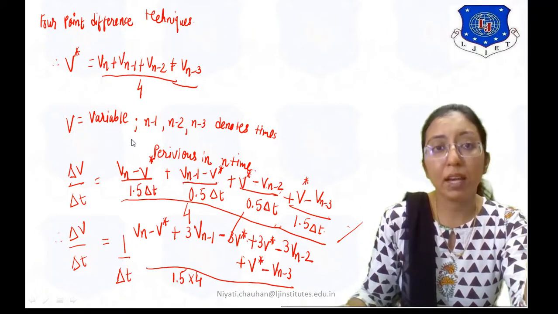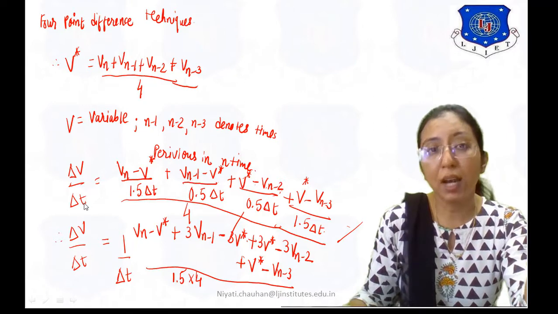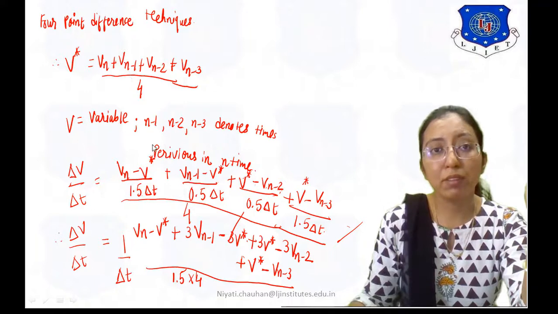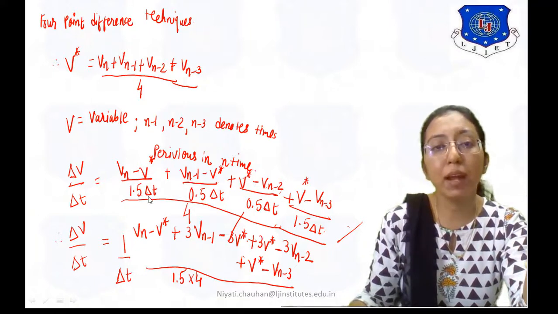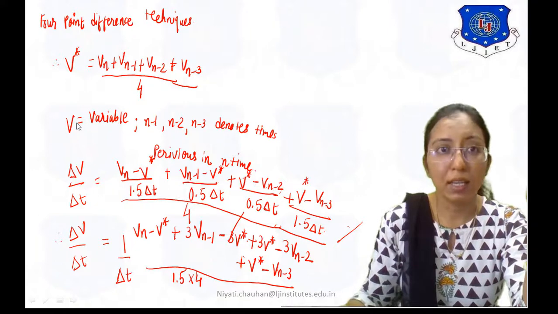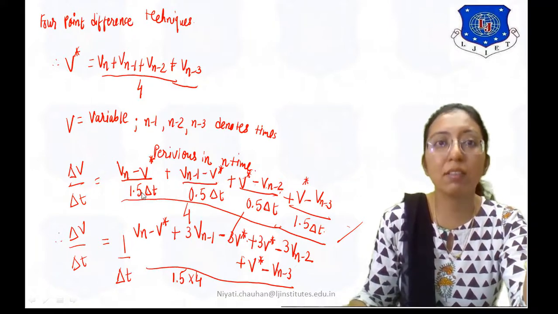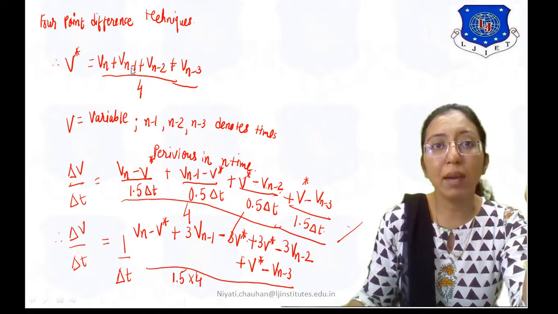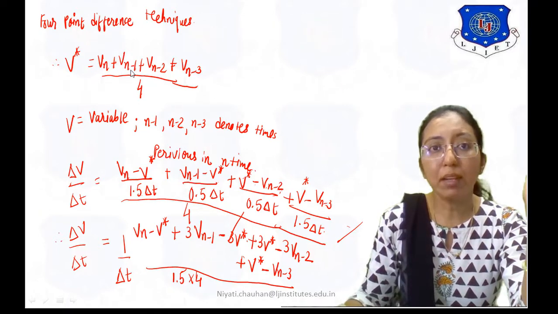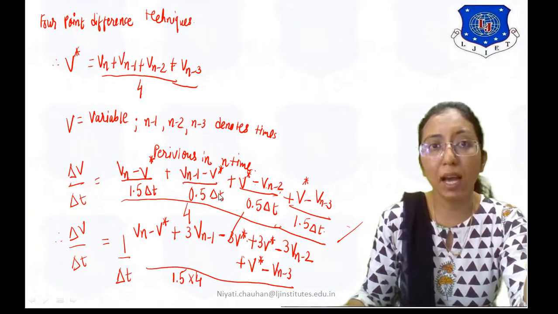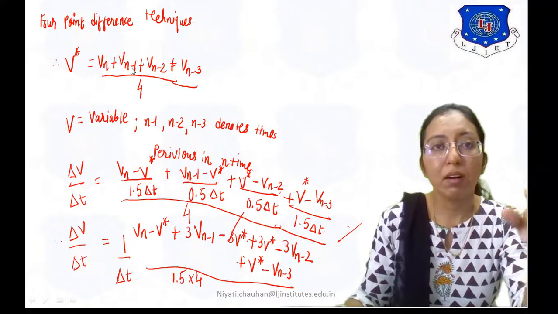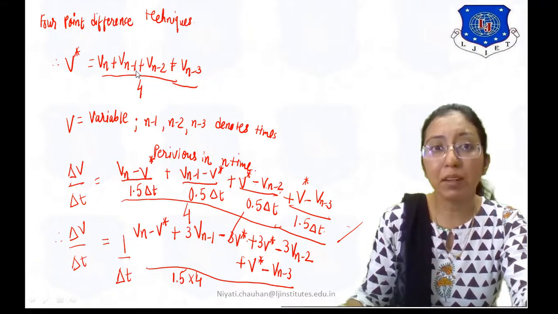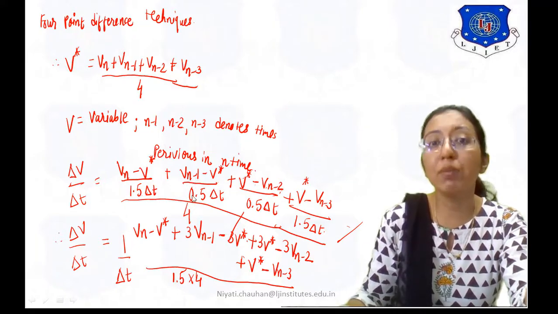Now we can write ΔV/ΔT. Here (Vn − V*)/(1.5 Δt), with Vn replaced by this term. Then for Vn-1, we get (Vn-1 − V*)/(0.5 Δt), because here we are subtracting 1 from 1.5, so we get 0.5.